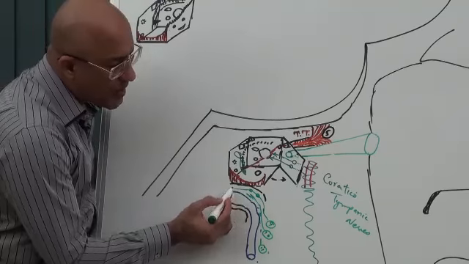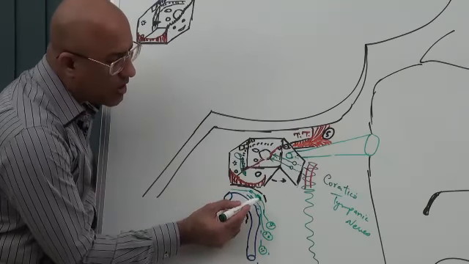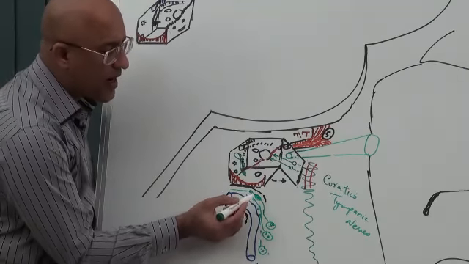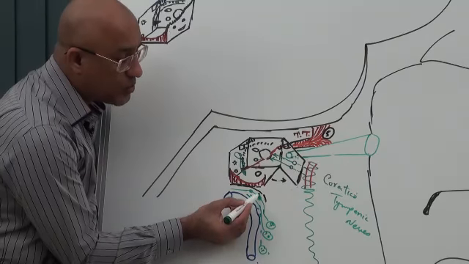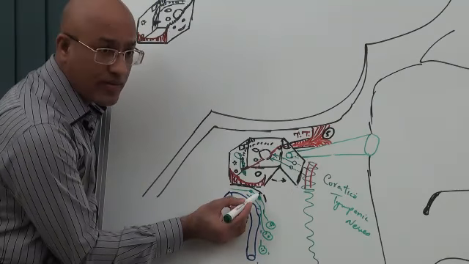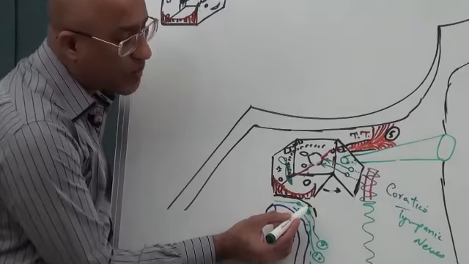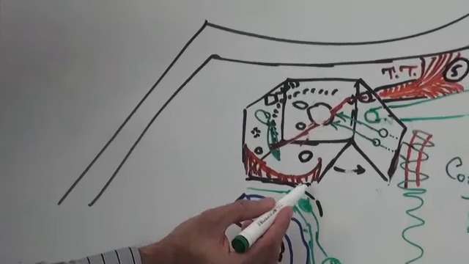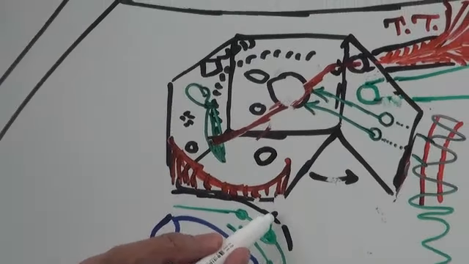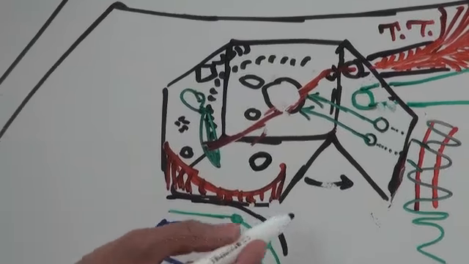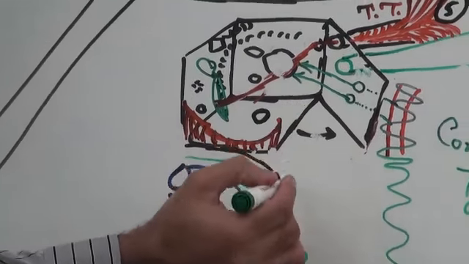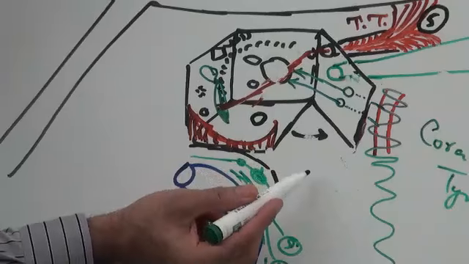The glossopharyngeal nerve, from its inferior ganglion, gives a small but important branch which moves upward. When it is moving upward, it passes through a canaliculus, the inferior tympanic canaliculus, which is present between the jugular fossa and the carotid canal.